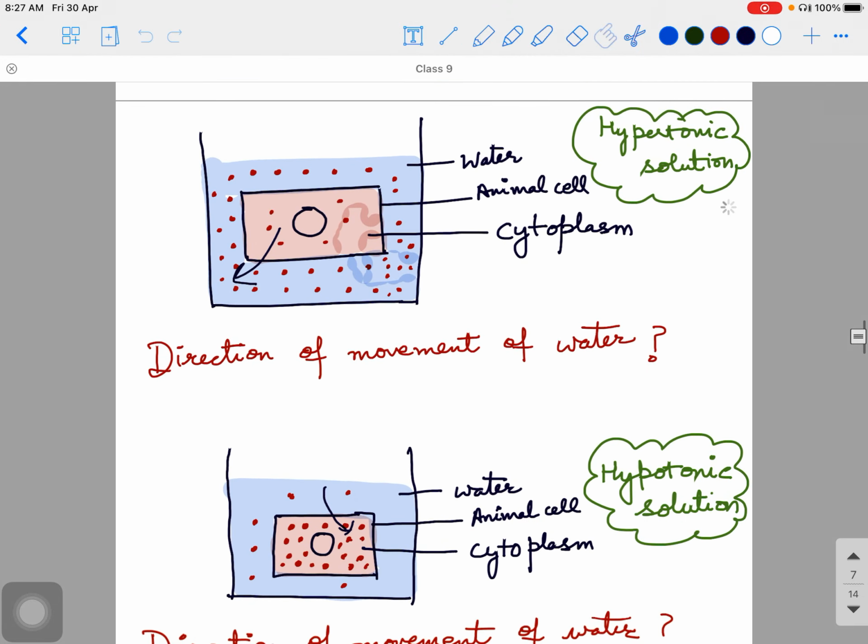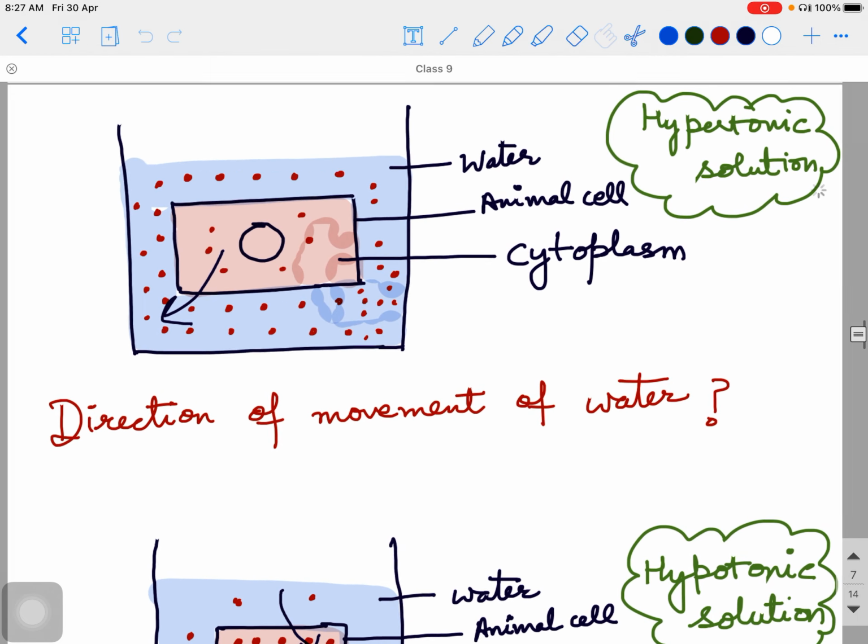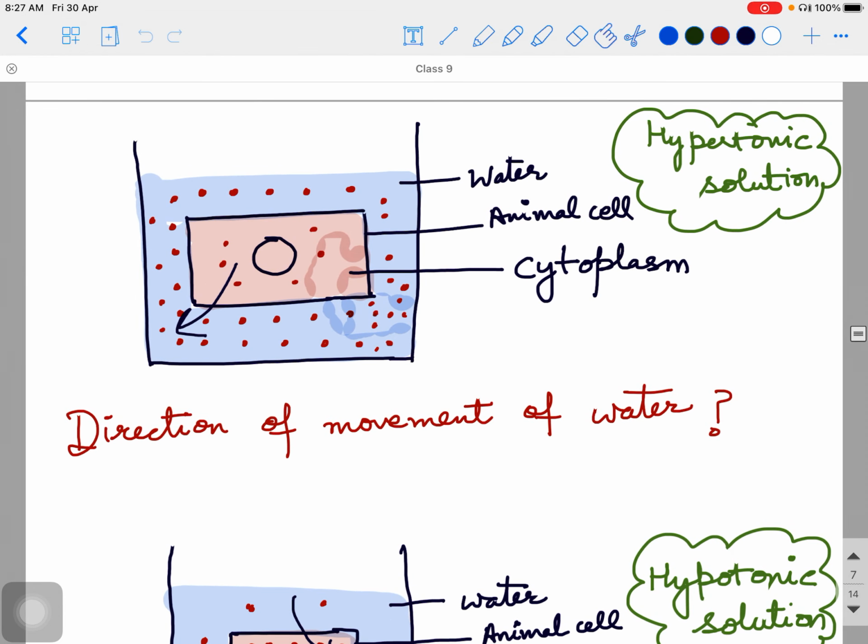And on the basis of what we have learned till now regarding concentration, we can answer these questions. We can answer the direction of movement of water. What will be the direction of movement of water: from the external environment, that is the beaker in this case, to the cell, or from the cell to the beaker?